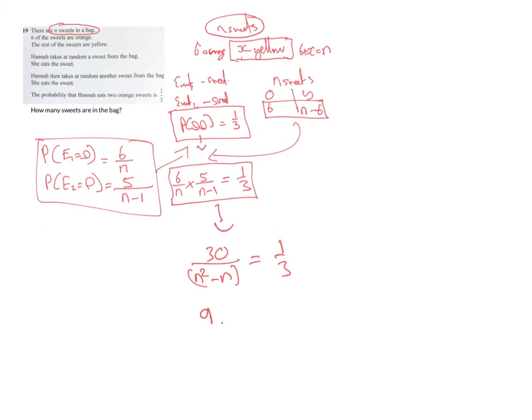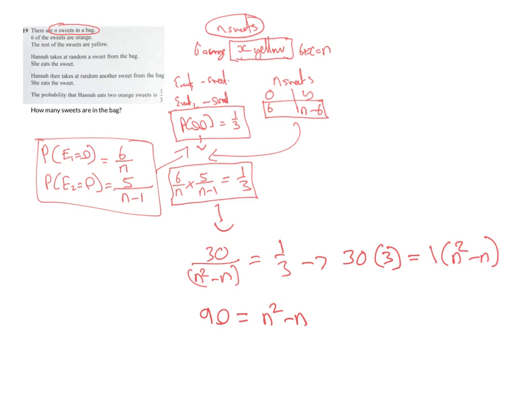So we've got 90 equals N squared minus N. Okay, if you don't know how we've done that, we moved the denominator 3 diagonally across the equal sign. That way, we had a 1 up there, and we moved the other denominator diagonally across the equal sign. Okay, this is now a standard equation.